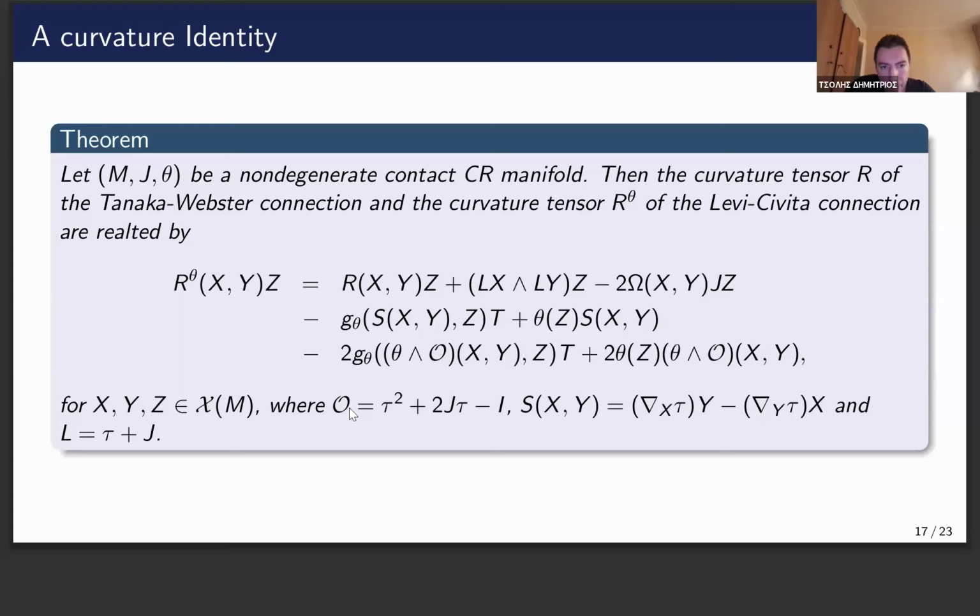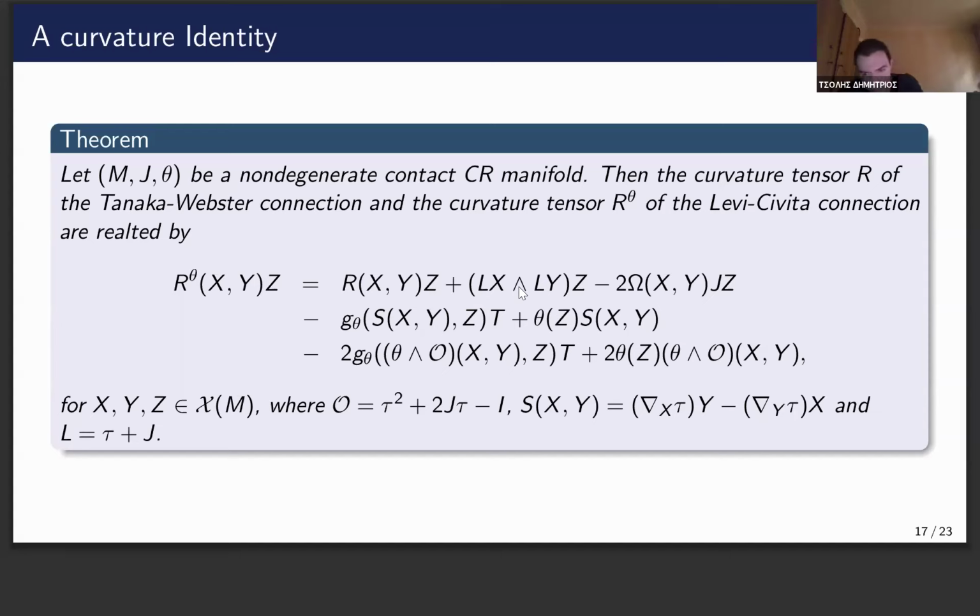We have O to be equal to the torsion squared plus 2J, the torsion minus I. And we have this S_xy defined like this. And we define L to be the torsion plus J. So we have this definition, and we get this identity. R theta is just the Riemannian curvature of the Webster metric, and this R is the curvature tensor of the Tanaka-Webster connection. So we see, of course, they're not equal.